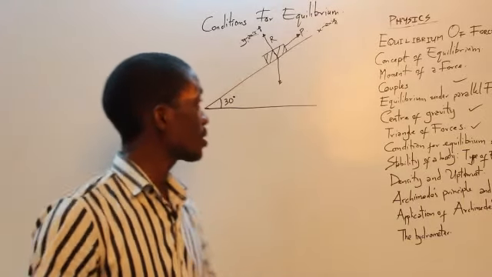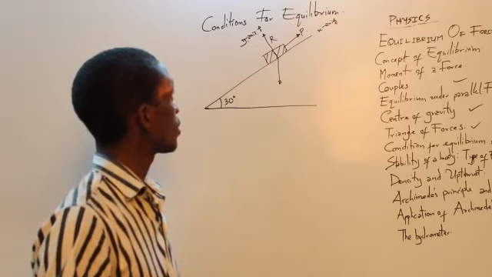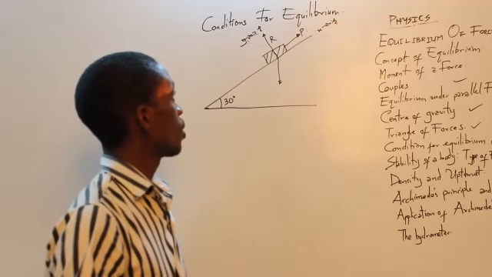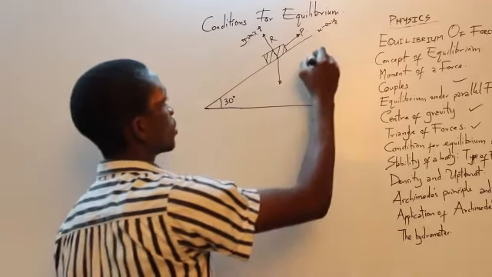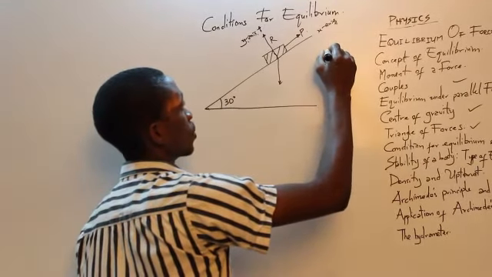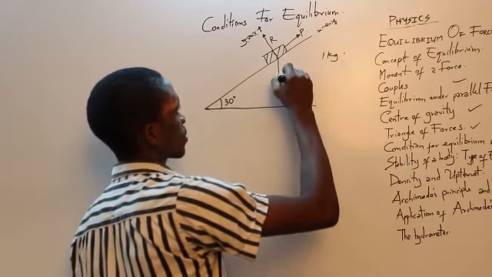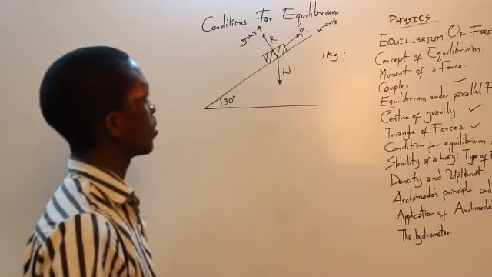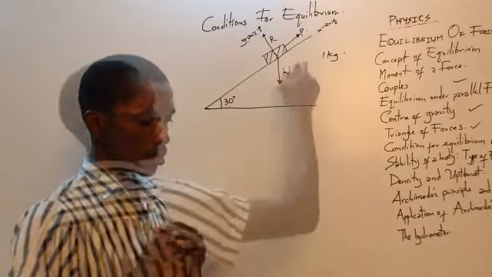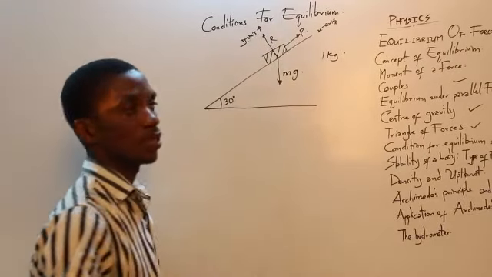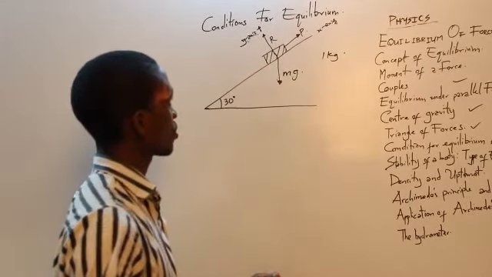Alright, let's look at this particular question. We're being told that this weight up here is 1 kilogram, and its weight is what is acting downward. That means our weight is acting this particular way.